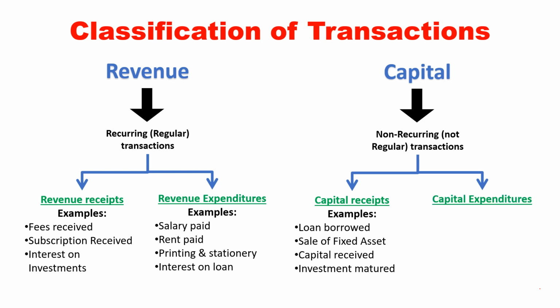Next one, capital expenditure. Examples of capital expenditure are loan repayment. The principal value paid is called capital expenditure, and the interest on loan paid is called revenue expenditure. Next, the fixed asset purchased. Next, the investments.